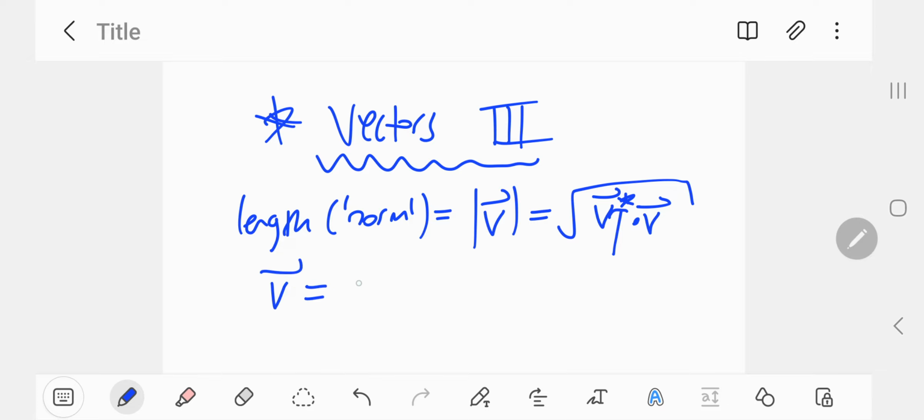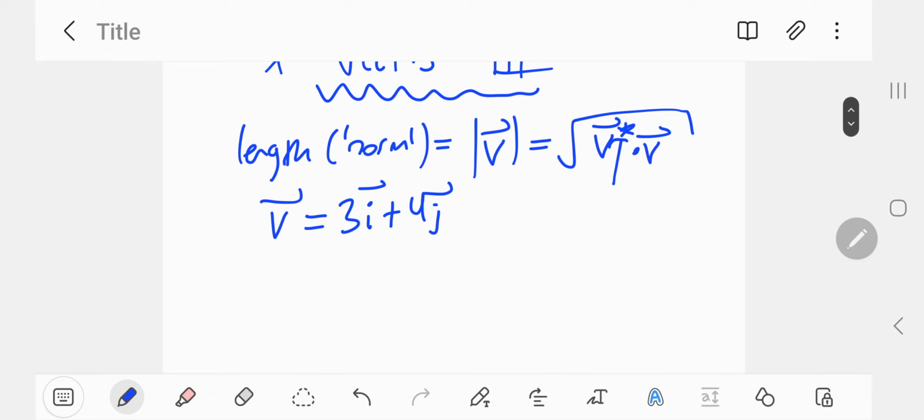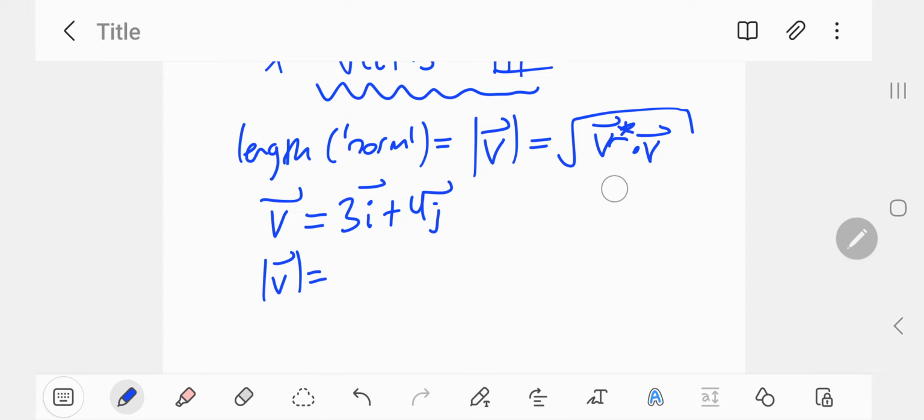Suppose I've got this, a vector with two components, so in two dimensions. To find its norm, the first thing to do would be to find v hash, v asterisk.